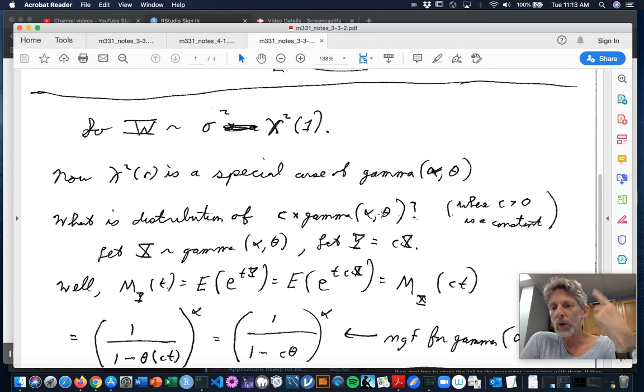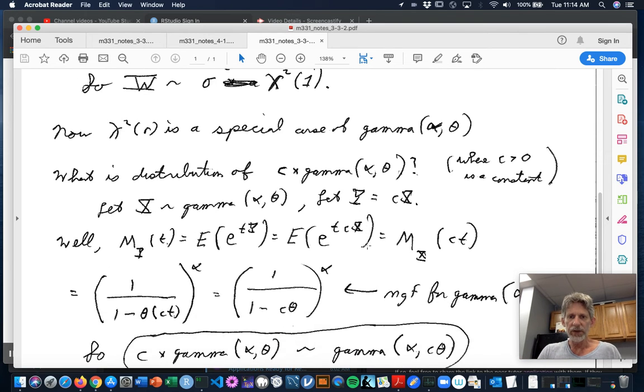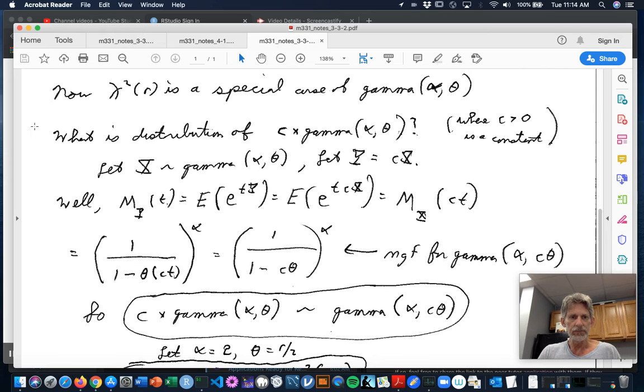So instead of waiting theta on average between events, you're waiting c times theta between events. So I'm going to hazard the guess that the distribution of c times a gamma alpha theta is going to be another gamma waiting for the same number of alpha events, but your average waiting time between events is c theta. Well, let's see if we can verify that guess mathematically.